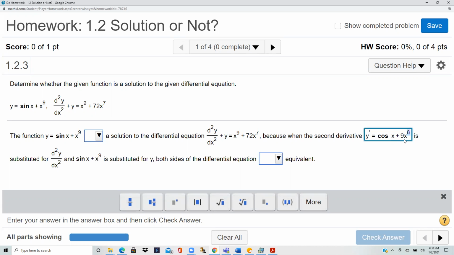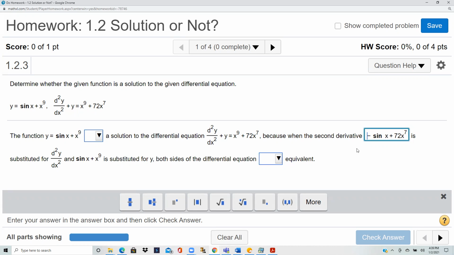So let's change this to 72, and let's change this to negative sine. Okay, so this is the second derivative, negative sine x plus 72x to the 7. So when we substitute this for the second derivative and sine x plus x to the 9 for y, let's see what we get in this equation. So we have this one, and then you add y to it.